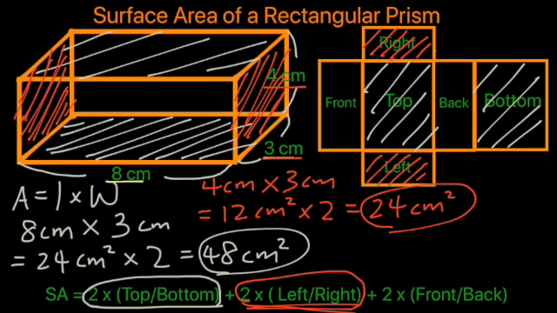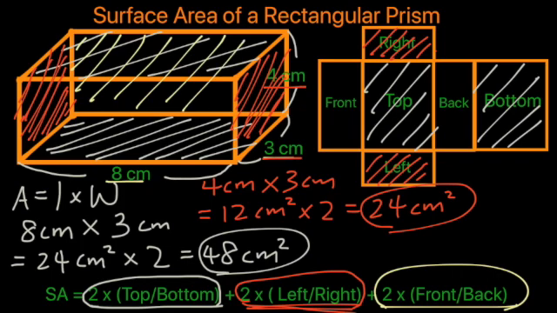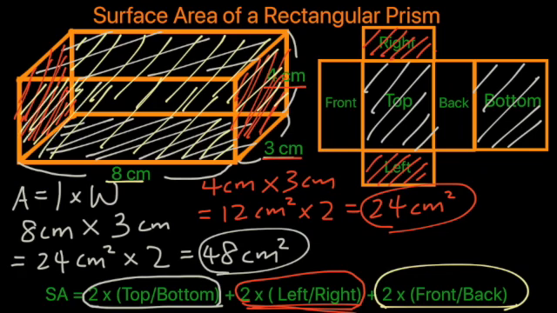Then lastly, we need to find the front and back. The front and the back will be this portion and this portion. And that will be here and here.